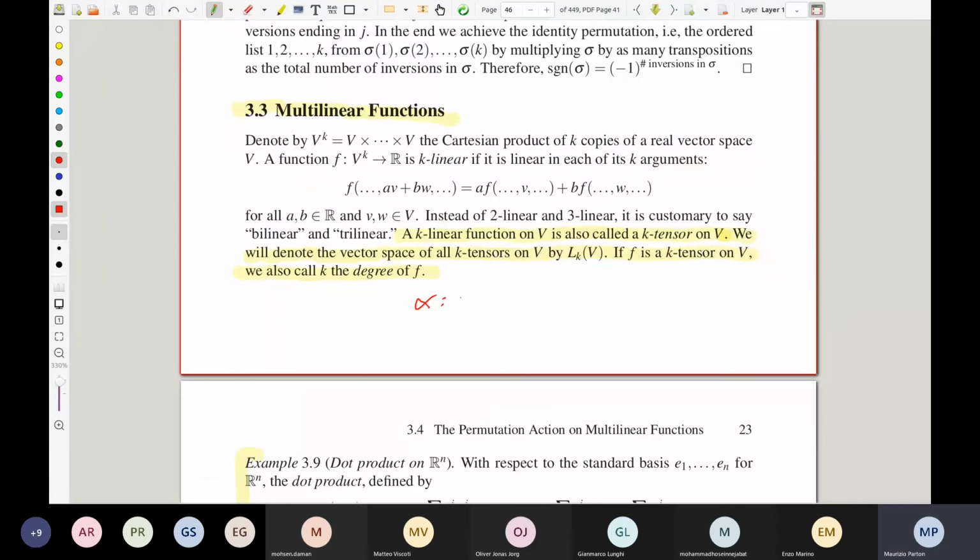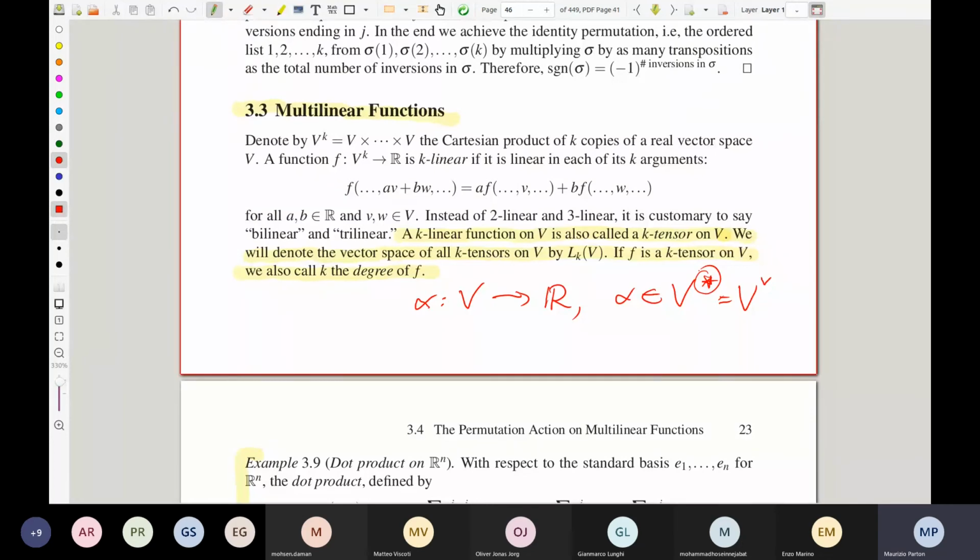A linear form, let's say a map from V to R, or equivalently an element of V star, here denoted by this symbol, which is the same symbol used for the tangent space, is a special case of more general notions, that is the multilinear maps.